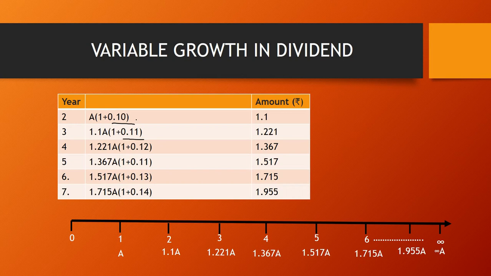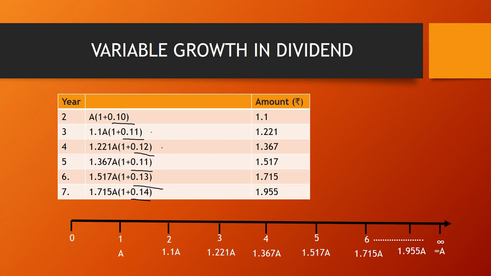After getting the first dividend, in the next year it is increased by 10%, then 11%, then 12%, and then 11, then 13, then 14. That means there is a percentage growth in dividend, but by what percentage it increases is changing. It can also happen, suppose in the first year you are getting 10% growth, in the third year also you are getting 10%.